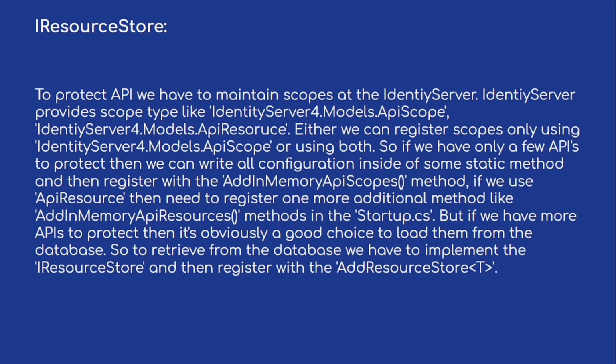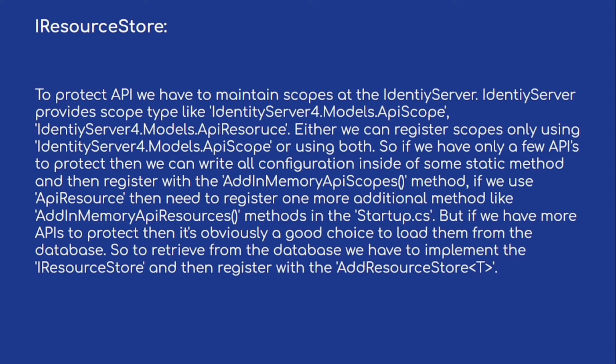So these two types of models are provided for the scopes. Either we can register only scopes, using ApiScope only, or we have to use both ApiScope and ApiResource.